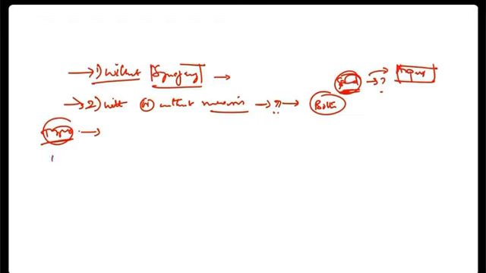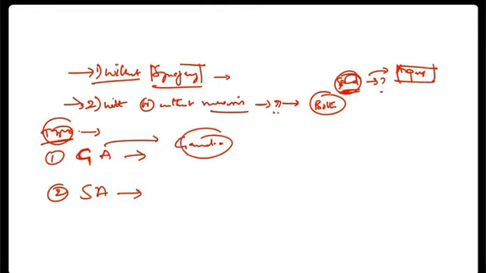So tell me, list out the types of apomixis that you know. I will give you one broad classification. One is gametophytic apomixis, and the second one is sporophytic apomixis. The meaning is very simple here. Gametophytic apomixis is because of the gametophyte.